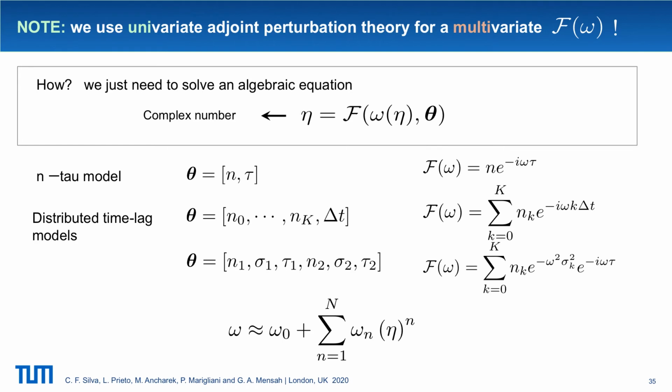Another novelty of this work is that we propose to use a univariate adjoint perturbation theory, because we have just this eta as the flame response, but the flame response actually is accounting for many variables. In this case, for example, of a distributed time lag for the finite impulse response, we could have perfectly 16 values for n. But the idea is, since we have this mapping, we can somehow compress the information from these 16 coefficients in this example to just one complex number.